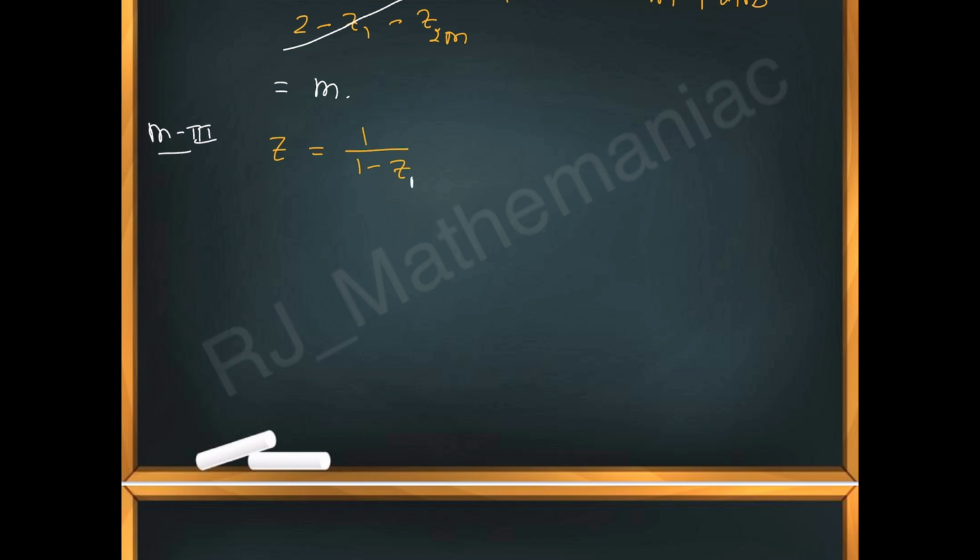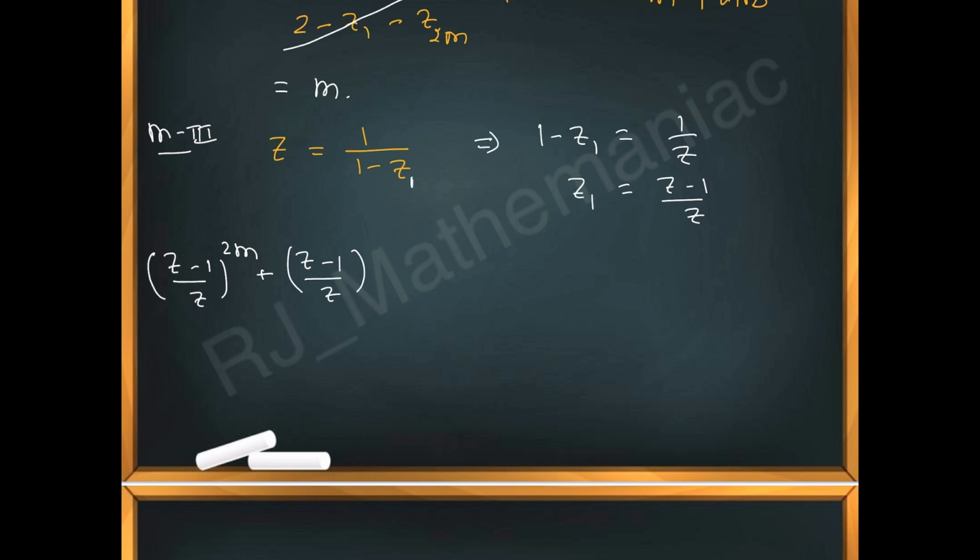If I simplify this, I'll get 1 minus z1 is equal to 1 upon z, so z1 is equal to z minus 1 upon z. So let's take (z minus 1 upon z) power 2m plus (z minus 1 upon z) power 2m minus 1, and so on, plus (z minus 1 upon z) plus 1 equal to 0.